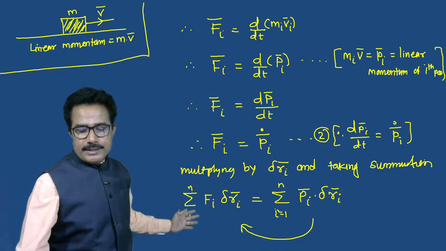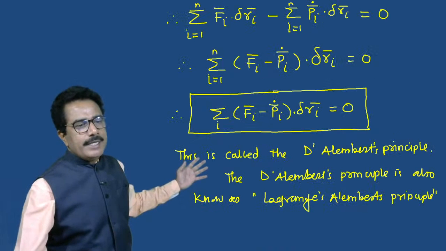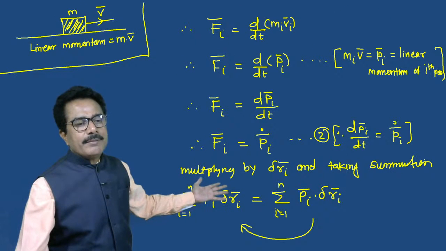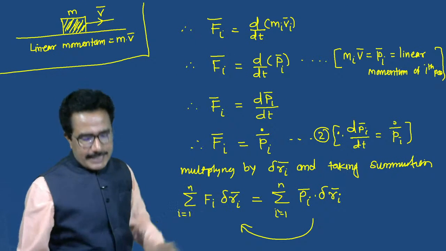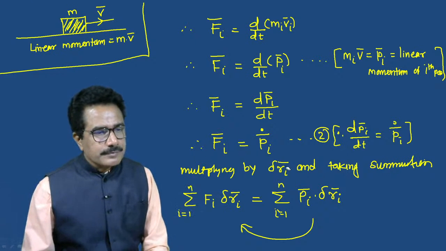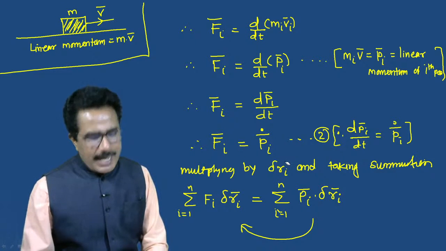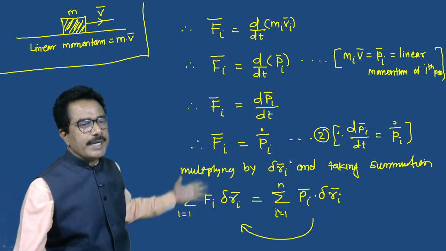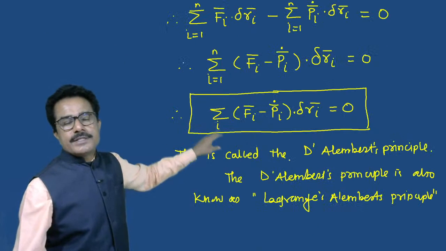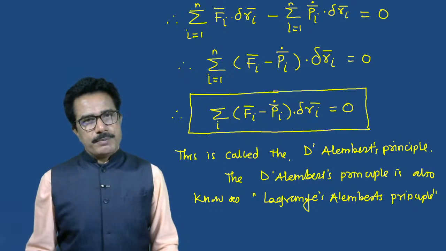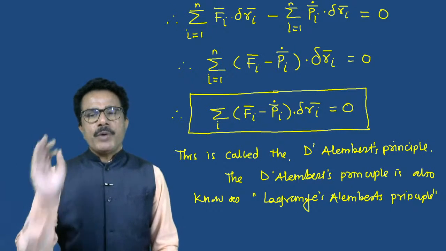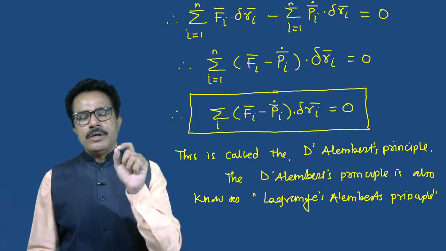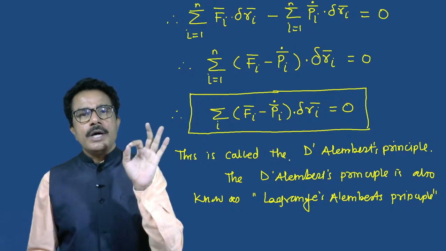So we take the system of particles, then multiply both sides by delta Ri bar, and taking a summation we get this result, which is called D'Alembert's principle. This is a very important result. You must know, or you have to understand this.